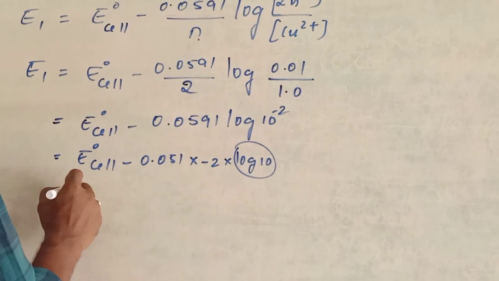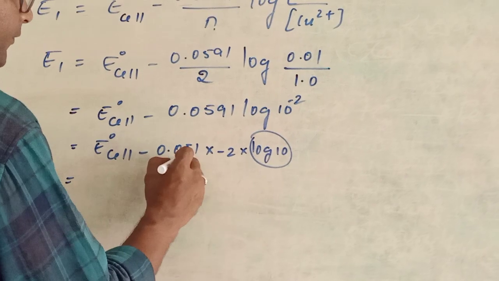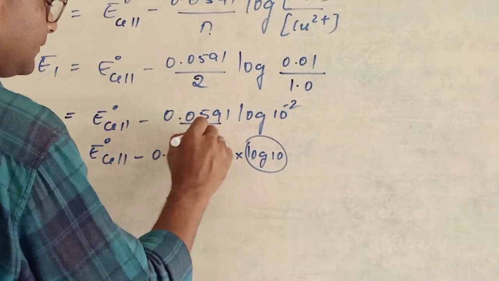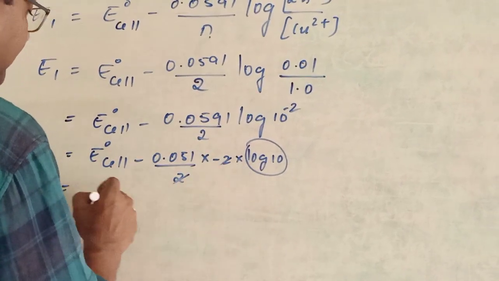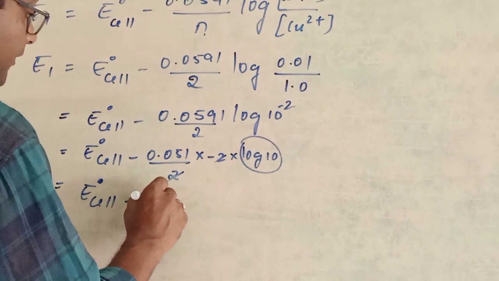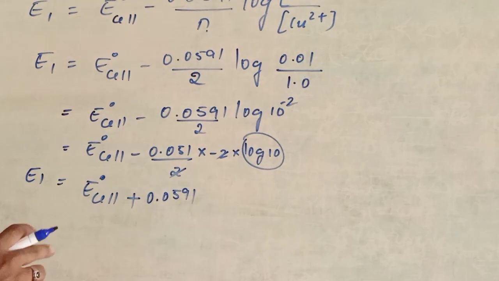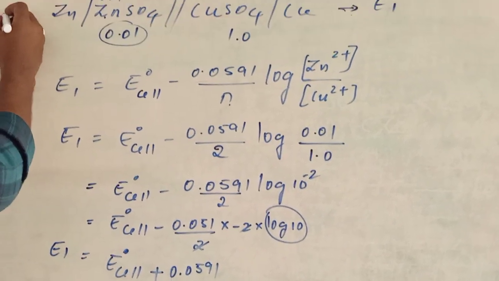Then it becomes something like this. So the 2 gets cancelled, then E naught of cell minus becomes plus 0.0591. So this is E1. Similarly, this is case 1.